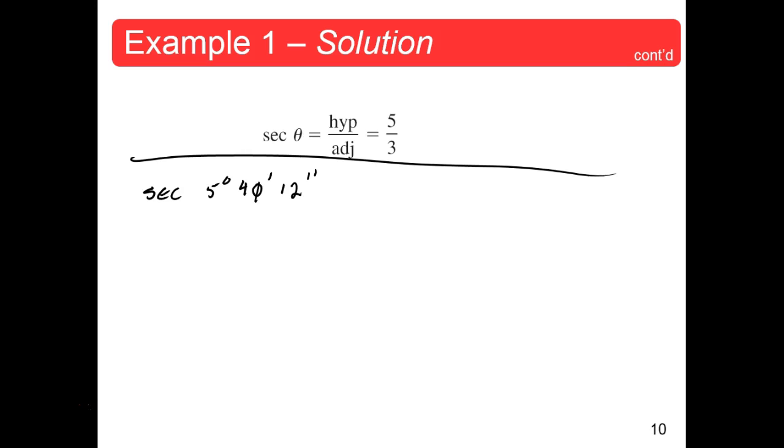So if there are 60 minutes in a degree, 40 minutes would be 40 over 60. So I'm going to write this as secant of 5 degrees plus 40 over 60 degrees. That's a strange way to do it, but I'm going to. Plus, now, how many seconds are in a minute? 60.